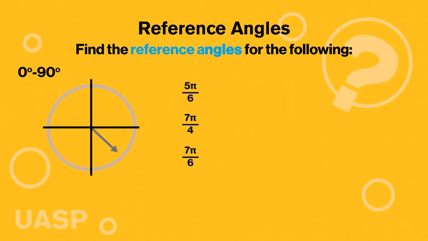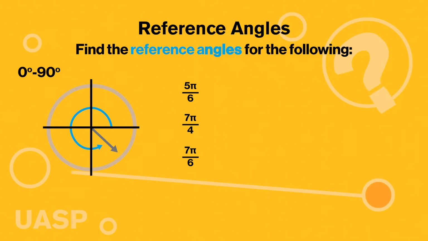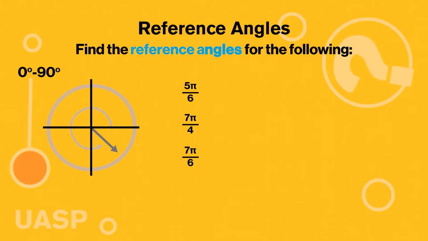When we have this angle here, technically on the unit circle, we would talk about it as going all the way around and coming back, so something more than 270 degrees. But when we're talking about reference angles, the only reference angle we're going to be looking at is this angle right here. So again, that's why it has to be between 0 degrees and 90 degrees.